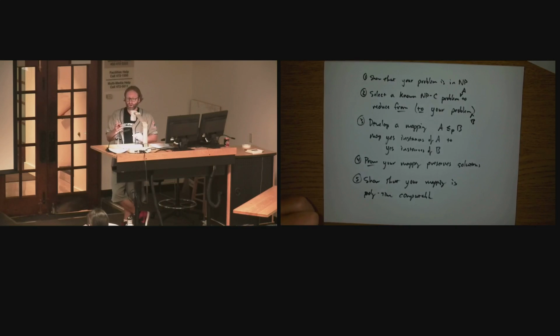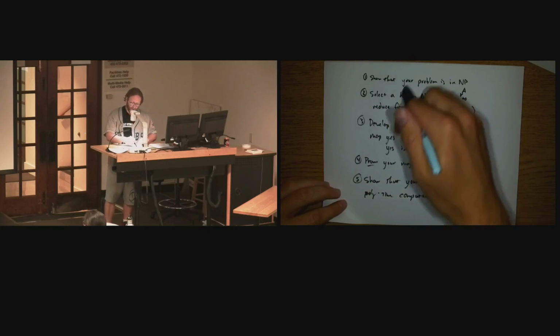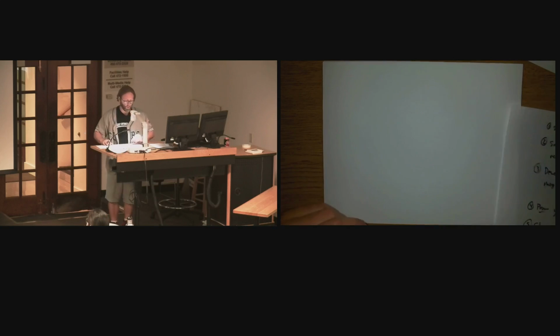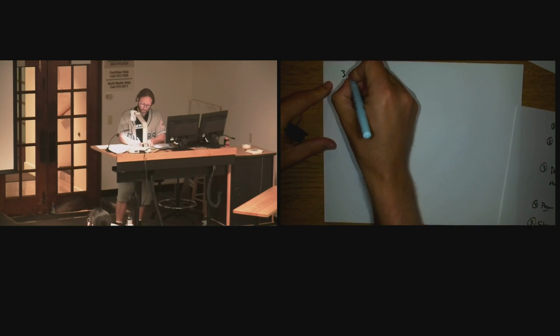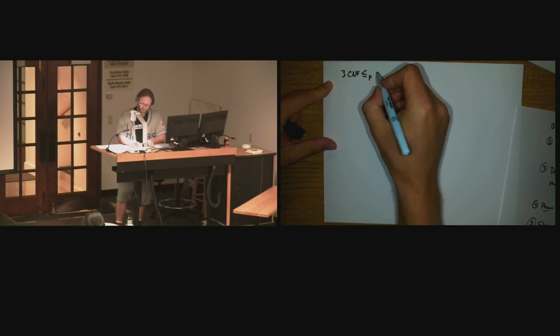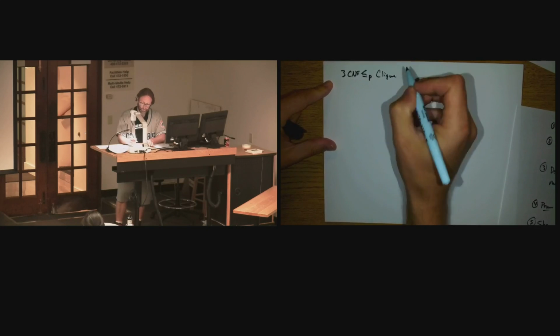You can't even reduce it from this problem to this problem if you restrict the type of reduction that you do. You can ask questions like that. But that's if you really want to get into complexity theory. This is our roadmap for how we're going to show that 3CNF is polynomial time reducible to the Clique problem.